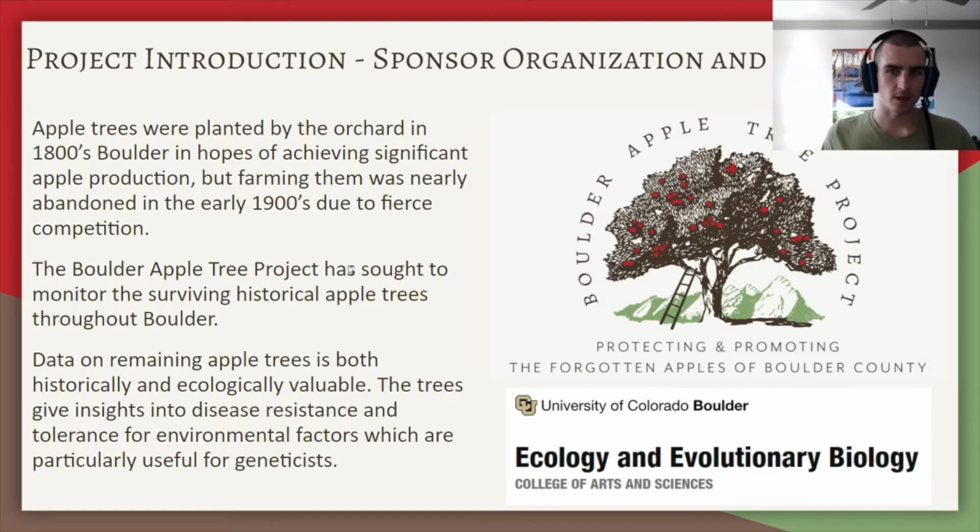They're great for tracking their history and locations, but also ecologically, we can track disease resistance and tolerance to environmental factors like drought, which is super useful for geneticists and biology in general.